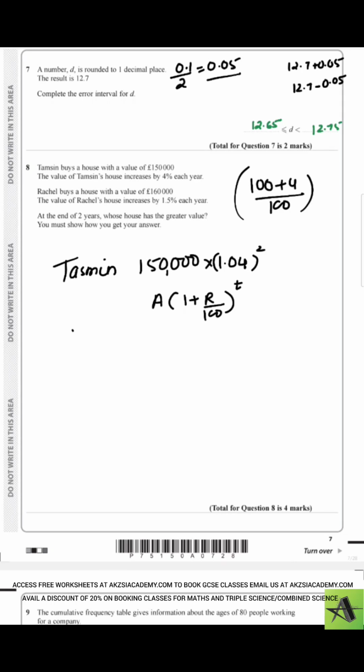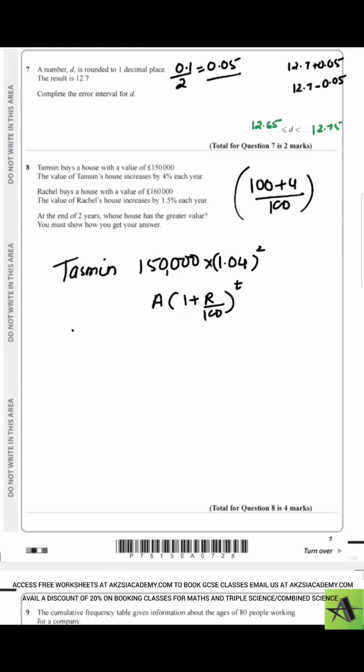A represents your initial value, which is 150,000 here. You might have seen these with different letters, maybe B or whatever, but I have taken A. Ultimately, that's the initial value. A times 1 plus r over 100, whole to the power of t.